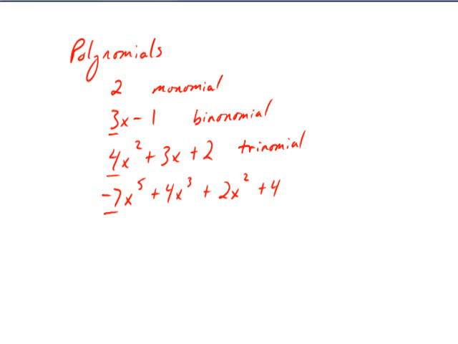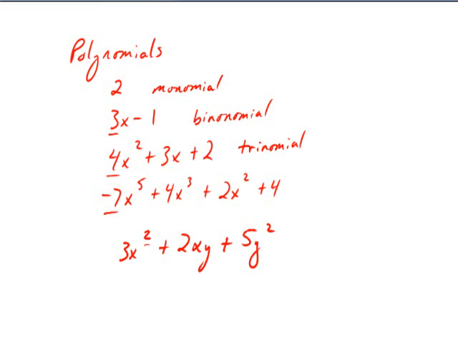We can also talk about polynomials that have more than one variable. For example, 3x squared plus 2xy plus 5y squared. In this case, we have a trinomial. We have 2 variables, x and y. We can look at the degree of each one of the terms. The degree of 3x squared is 2 because of the power of 2.